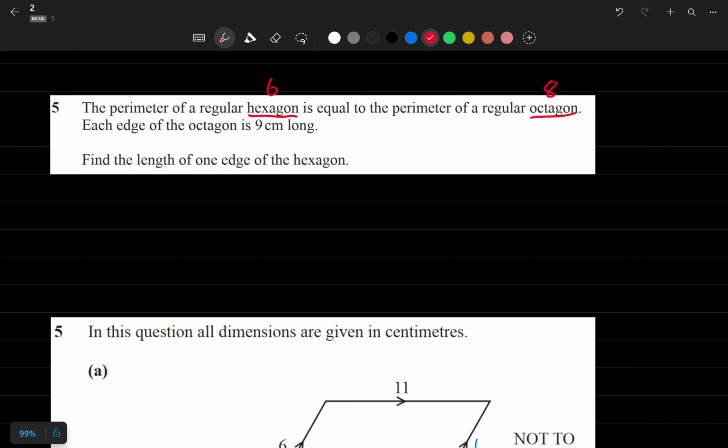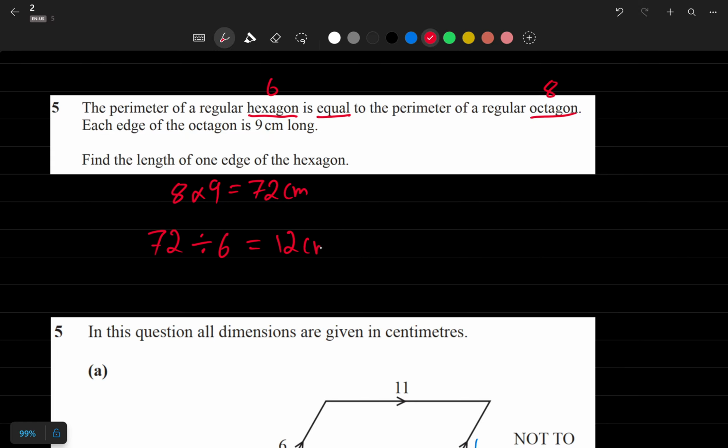Now the question says that perimeter is equal. So perimeter of hexagon is 72 and hexagon has 6 sides. Find the length of one edge of hexagon. 72 divided by 6. This gives you 12 centimeter as final answer of one length of hexagon.